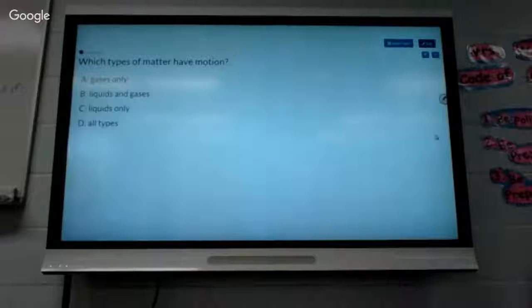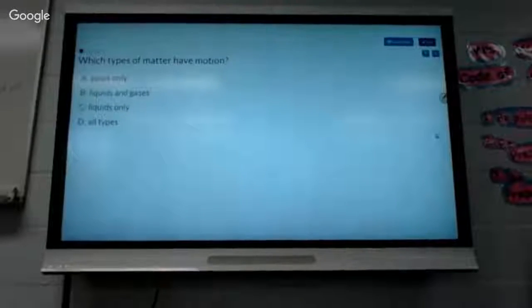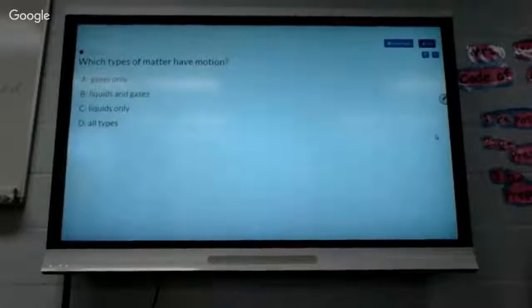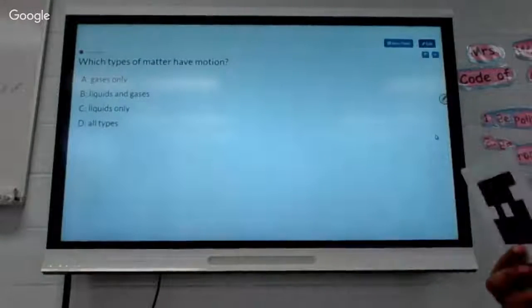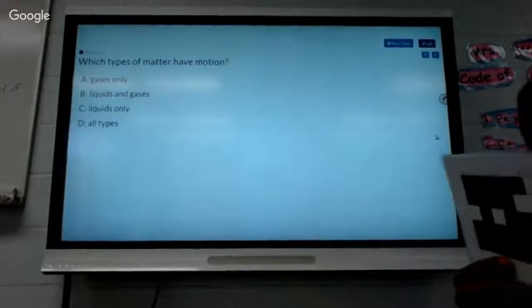Which types of matter have motion? If y'all get this wrong and we don't get 100%, I'm going to be so pissed. All right. Yeah. Is that right? I did it wrong on purpose. You better not answer it wrong. My stomach hurts. Good thing.